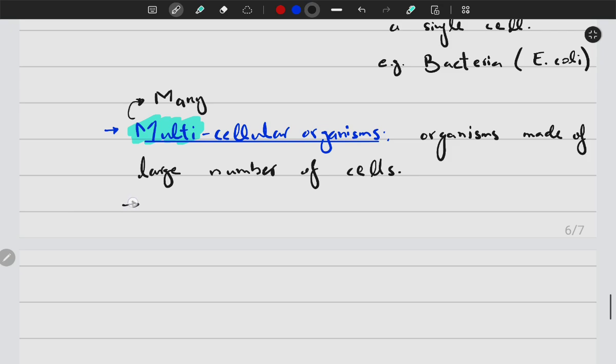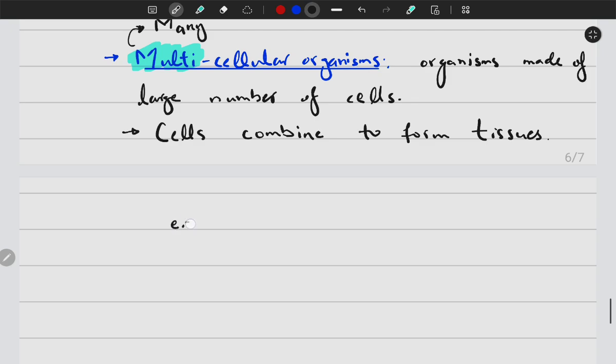And not just cells, they would have tissues. Cells combine or interact with each other, performing similar functions to form tissues, maybe organs and organ systems. For example, plants are multicellular organisms, and all the animals are considered multicellular organisms. So that's it.